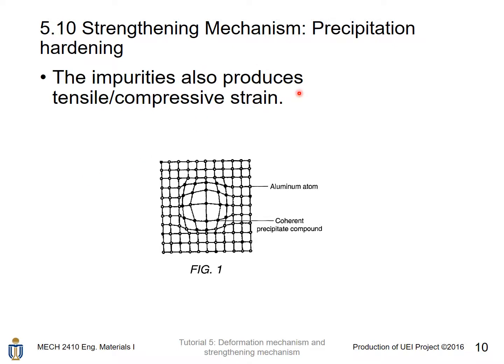And how can we know that there will be obstruction of the dislocation movement? You can also read from the figure here.